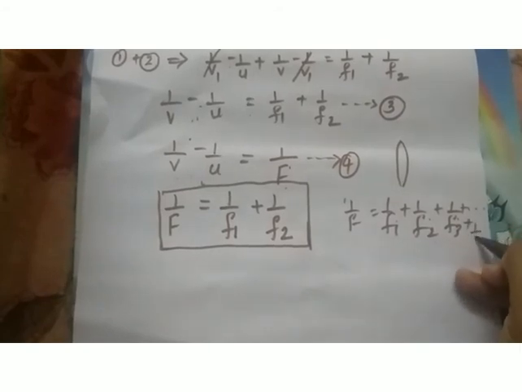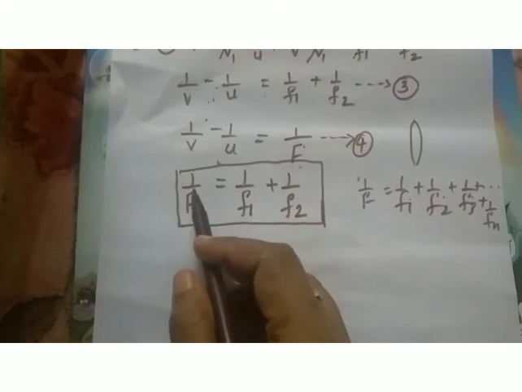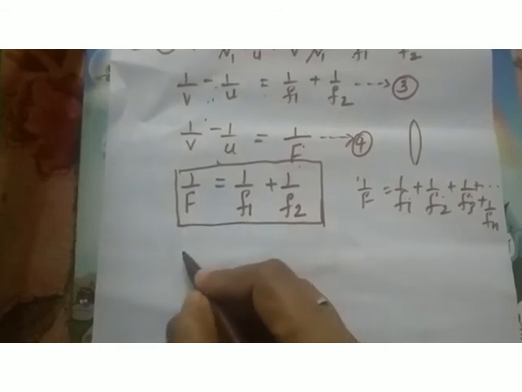Suppose there are three lenses in contact, then 1 by f is equal to 1 by f1 plus 1 by f2 plus 1 by f3, like this. Suppose there are n number of thin lenses, then this can be written as 1 by f is equal to 1 by f1 plus 1 by f2 plus 1 by f3 plus etc. plus 1 by fn. Now you know 1 by f is the expression for power.